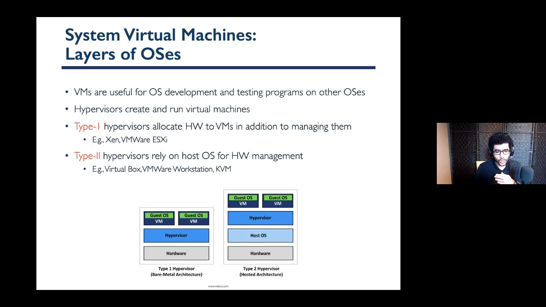In both type 1 and type 2, because in your virtual machines there is a guest operating system running, you definitely need to provide the hardware abstraction. The operating system running inside the virtual machine needs to think that it's running on bare metal hardware. So hopefully, fingers crossed, we'll come back to virtualization later in the semester.